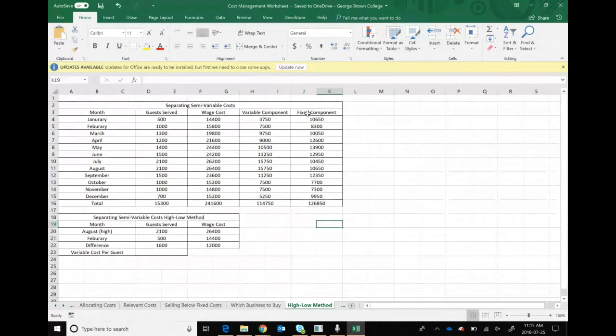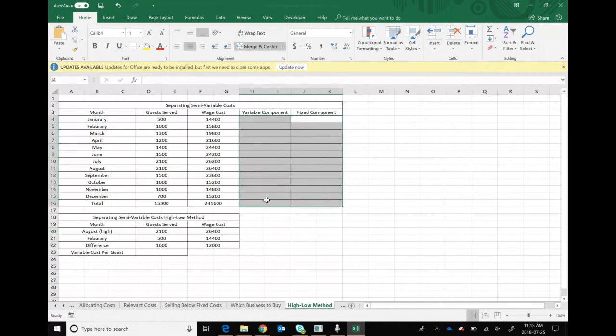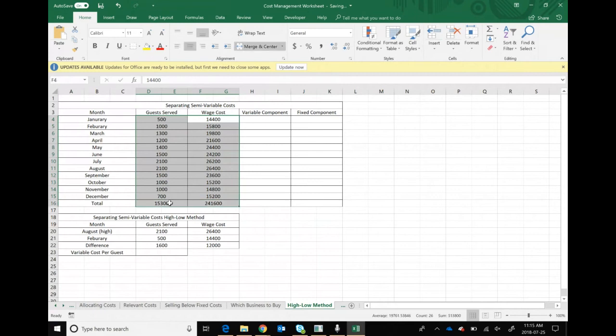So here is some information. We've got months January through December. We have the number of guests we served and the wage cost.